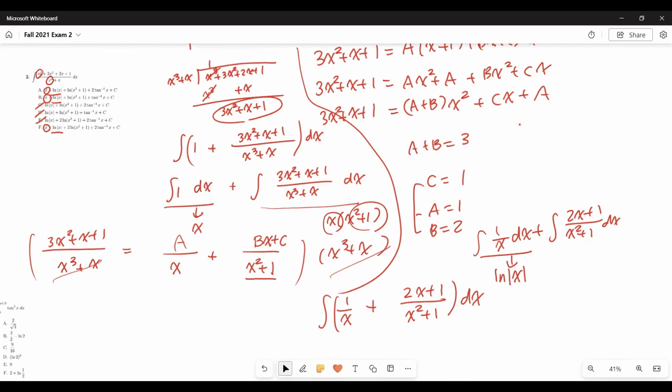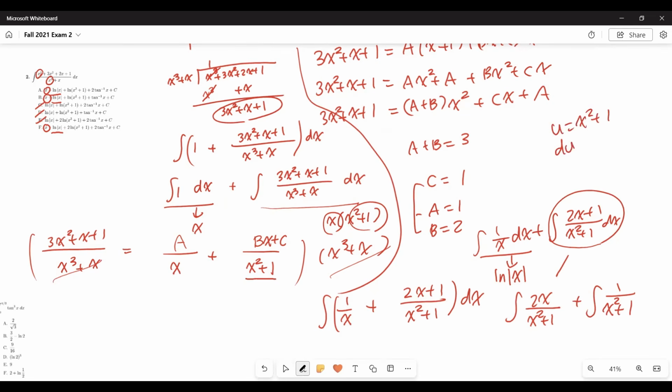In that case, what we can do is separate it into 2x over (x squared plus 1) plus 1 over (x squared plus 1). The reason that we are separating is because if you do the u substitution as u equals x squared plus 1, du will be 2x dx. But we don't have a 1 value, which is why we're separating it right now.